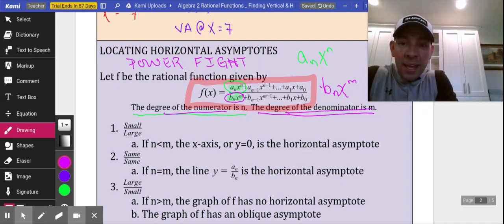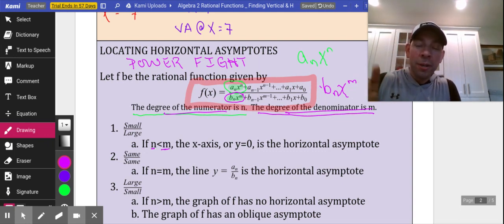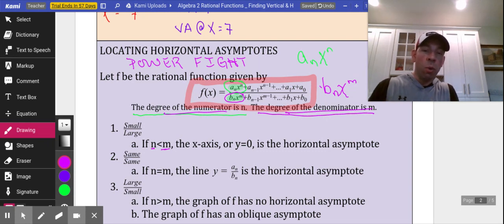In other words, n is smaller than m. The degree of my numerator is smaller than the degree of my denominator. If that's the case, you have one horizontal asymptote, and it is the x-axis, or y equals 0. We love to see small over large just because it's instant. It's just y equals 0, we're done.